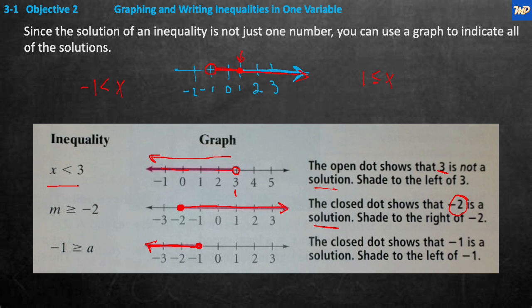The closed dot again shows that -1 is one of the solutions. And there are an infinite number of solutions, because this line goes on for infinity, going down as small as you possibly can. Every possible real number at this point in this inequality is available to us according to the rules of the inequality.